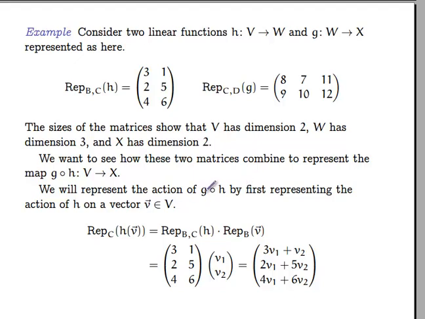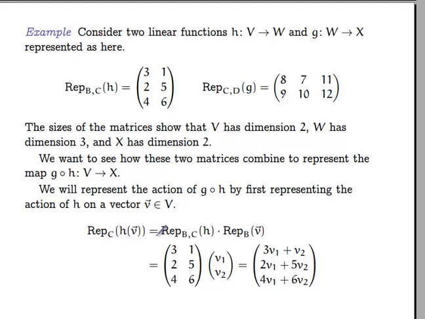First, we represent the action of H on a vector v. Again, the usual way to get the action of H on v, we express the vector v in terms of the basis B. And here's our representation of H in terms of the bases B and C. Matrix multiplication determines the representation of H of v with respect to the codomain basis.